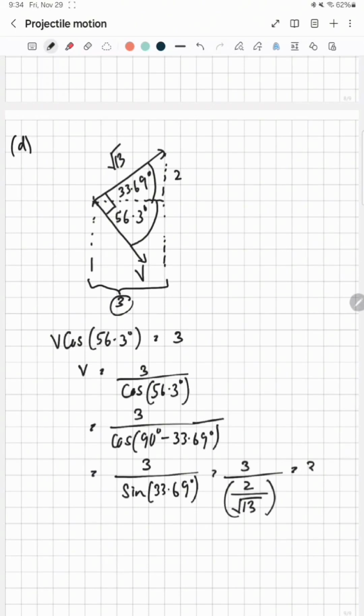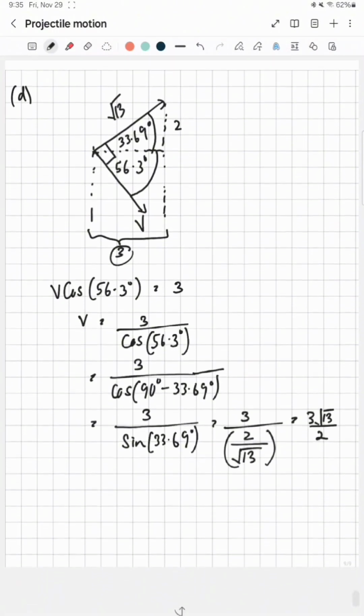So it's 3 root 13 over 2. Yep, 3 root 13 over 2.